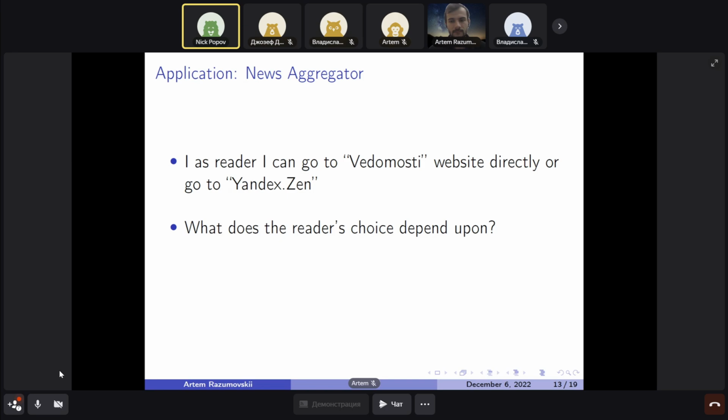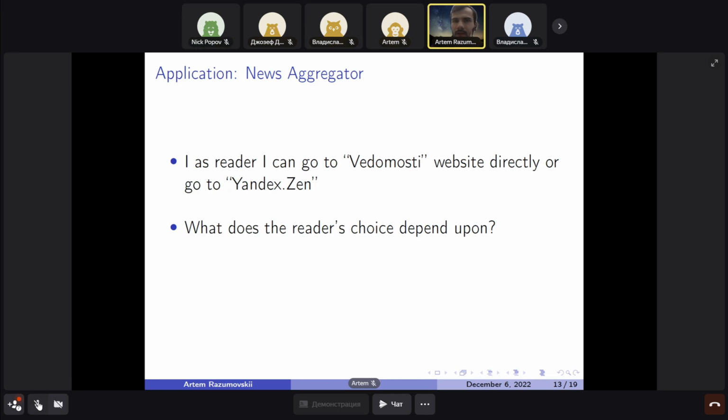Well, I guess if he or she believes that in Yandex Zen there is the content of Vedomosti, and it's not buried somewhere, he could go to Yandex Zen. Or you don't mean that?